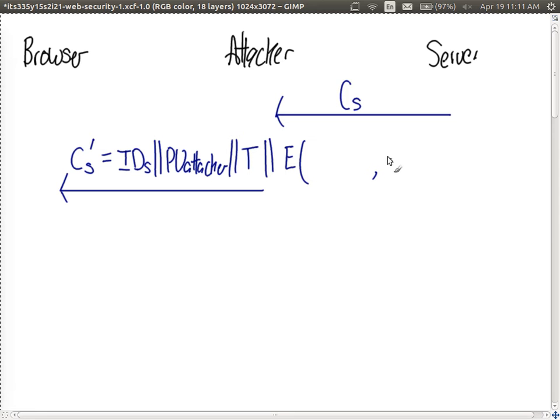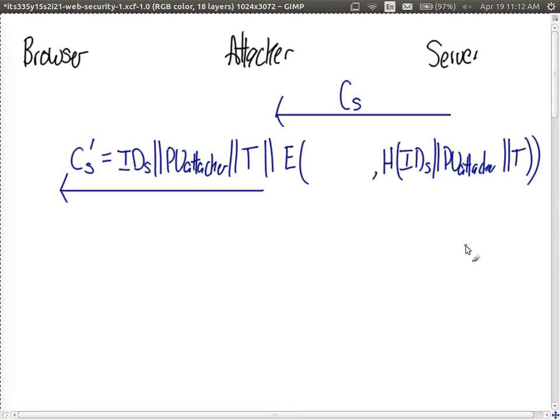And the signature, we take the hash of the data, IDS, public key of the attacker, the modified public key, the timestamp, and to sign, we encrypt with what?